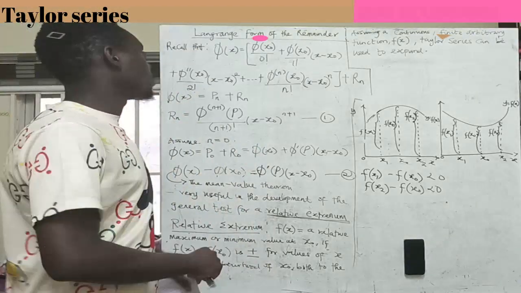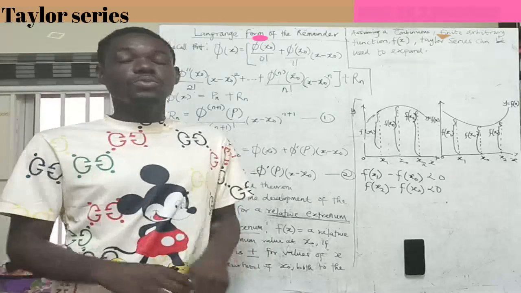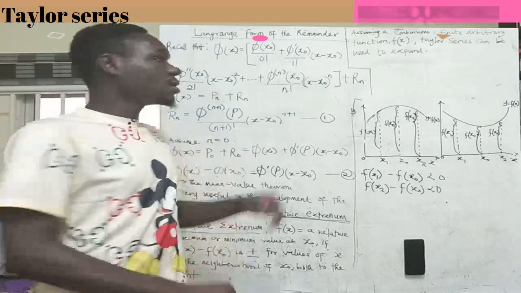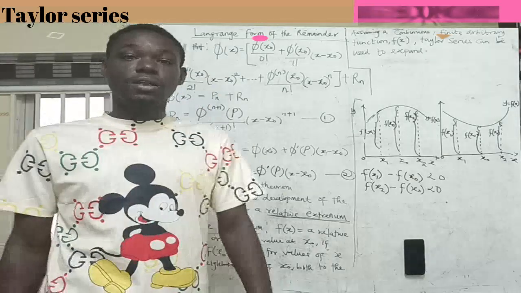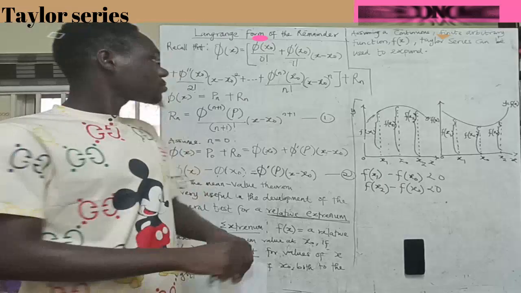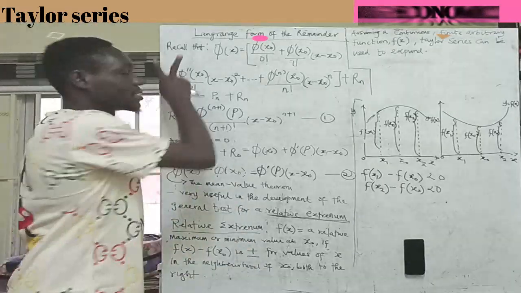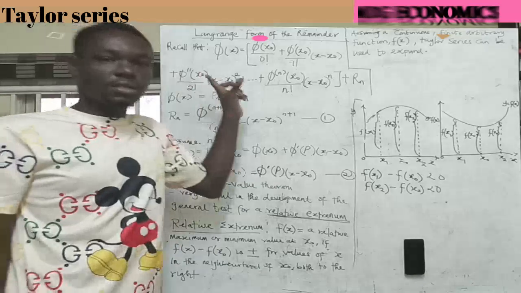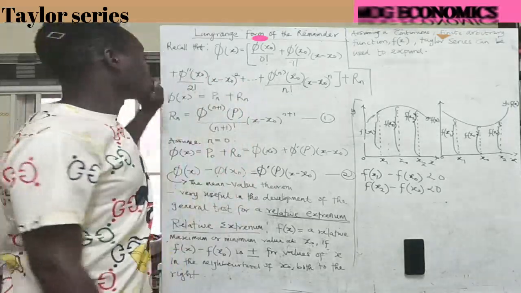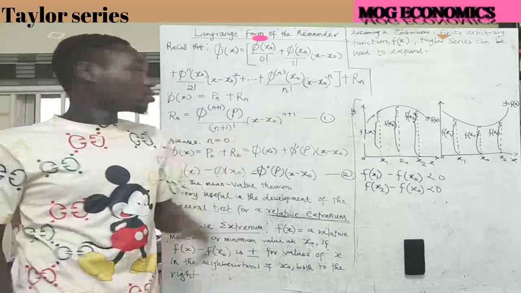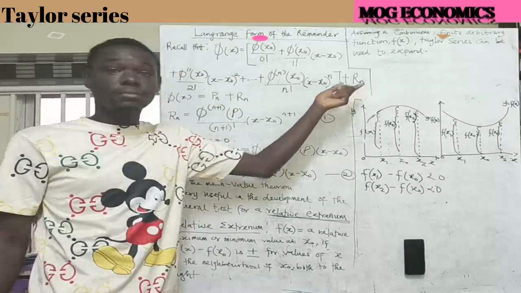In this class, basically, we are going to continue what we started in the last class, and that was the Taylor series, the Taylor function. You will recall from the last two classes, where we taught the concept of Taylor series, we introduced this formula, which is the Taylor series expansion with the remainder term.